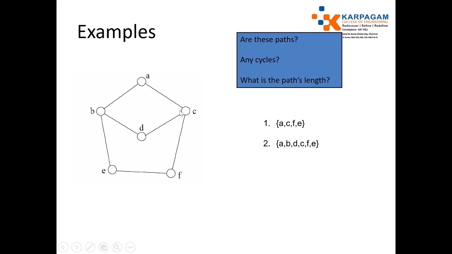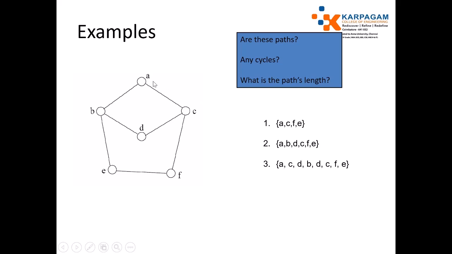The path length is 1, 2, 3, 4, 5. The path length is 5. Next one, for this set, we need to identify.